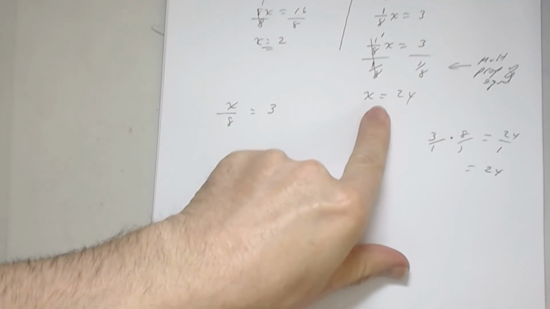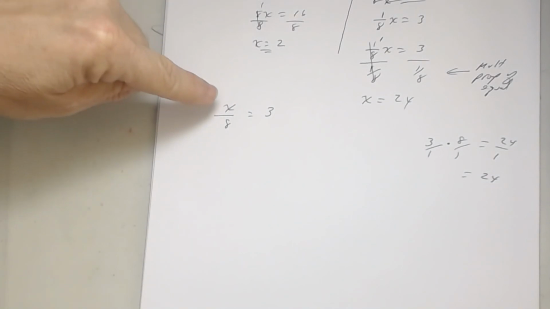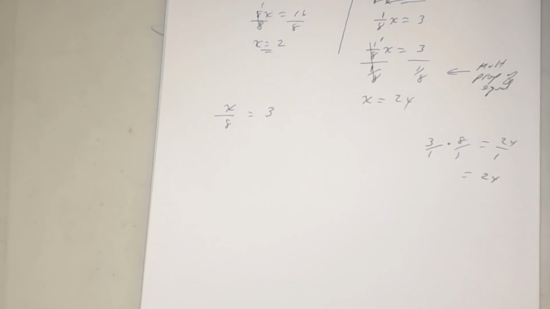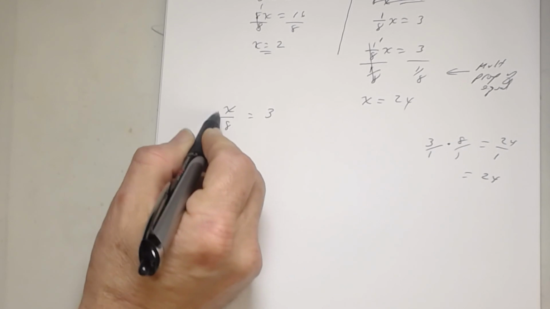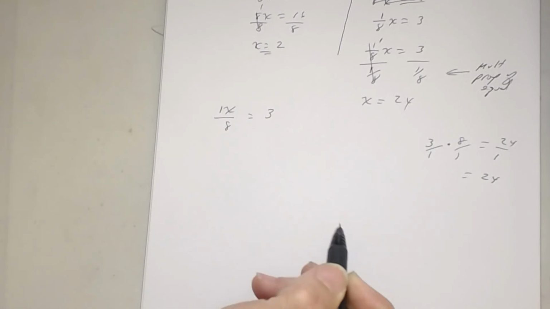Well, that's 24 right here, right? So how else can you write x divided by 8? Yes, we know the solution is 24, but what I want you to say is that the coefficient for this x, just this x in the numerator, is 1.